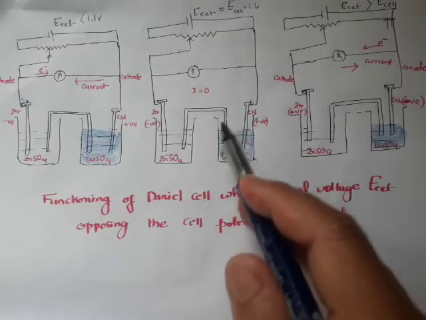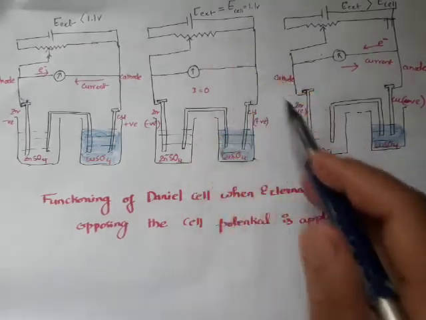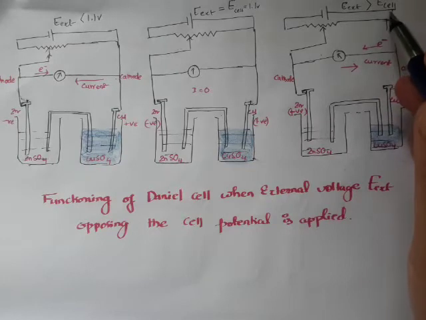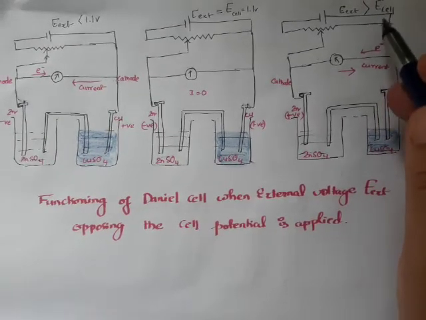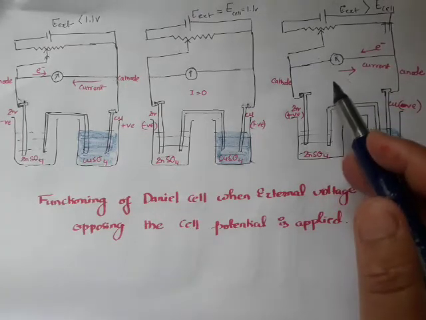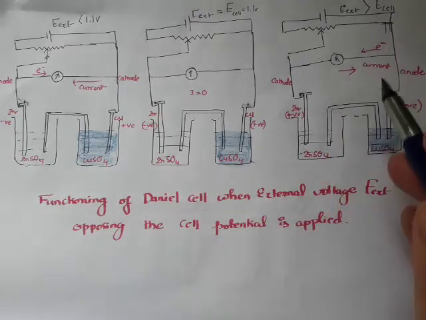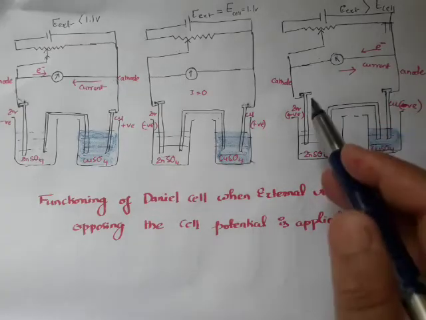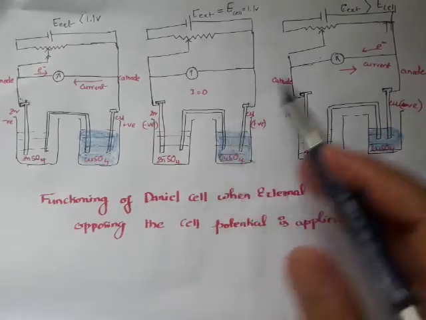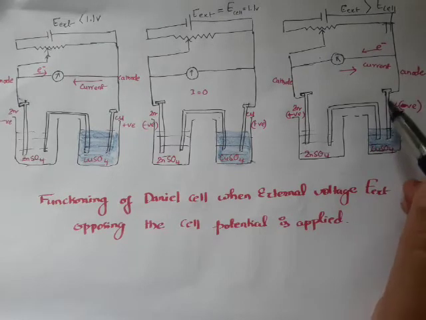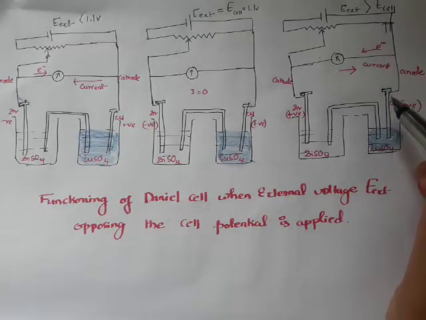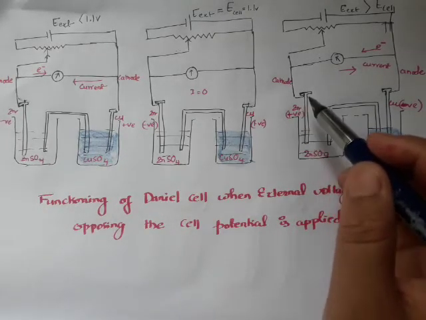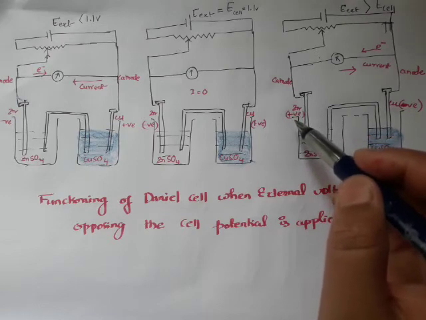Now if you again slowly increase the external voltage so that it becomes greater than the cell potential, what will happen? The reaction will get reversed, and the polarity of the electrodes will also get reversed. The copper electrode will become negative, and the zinc electrode, which was negative, will now become positive.